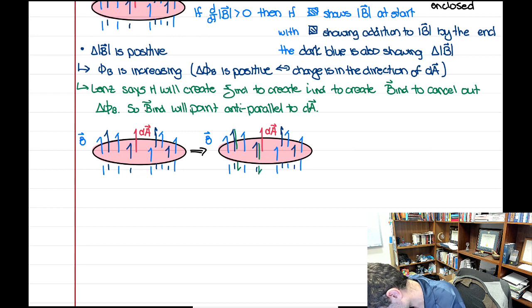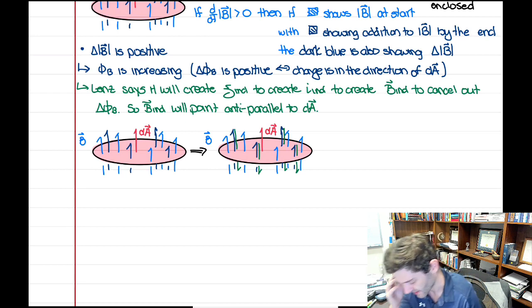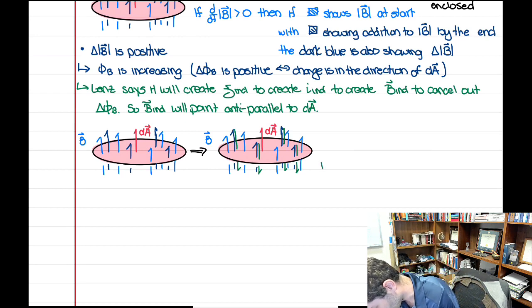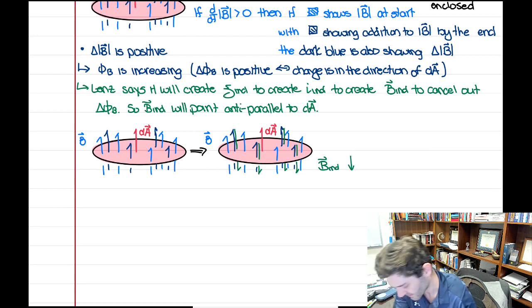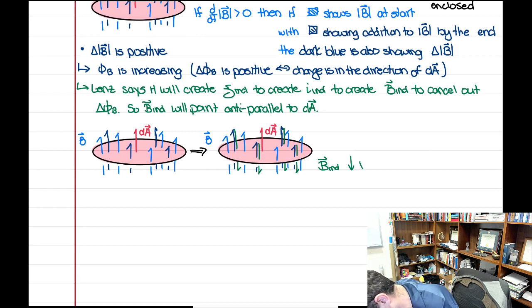I can just write green arrows that are always opposite the change in flux. So the induced field is all pointing that way, inside the loop, through the surface.